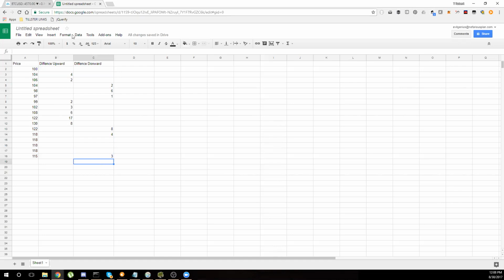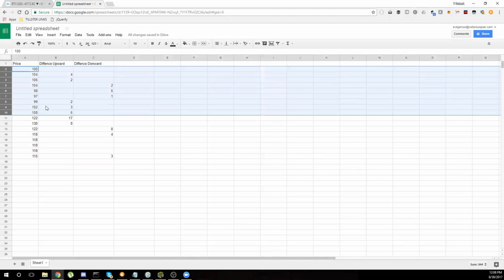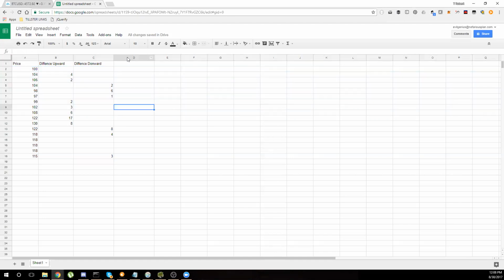Now what we've done here is separate our upward motions from our downward motions. And what we can do is say, over a given time frame, how much did we go up and how much did we go down? So for this time frame, this is our totals.